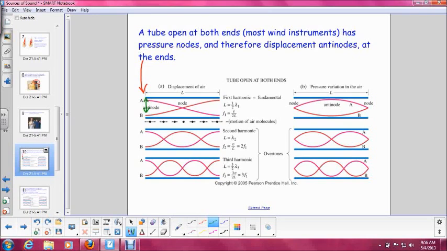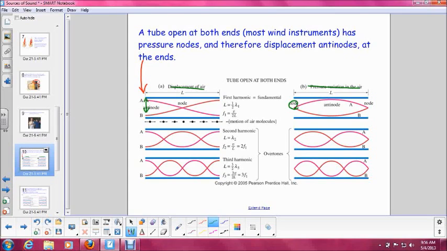So you're going to have a displacement antinode there. Your air molecules there are going crazy. And because they're going crazy and moving around a whole lot, there's a lot of pressure at that point. So when we look at the pressure in the air at that point, that's like a node.